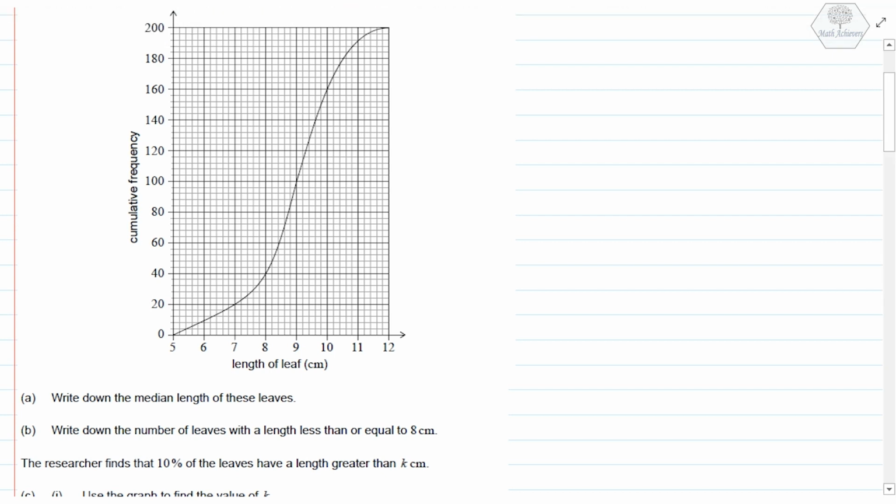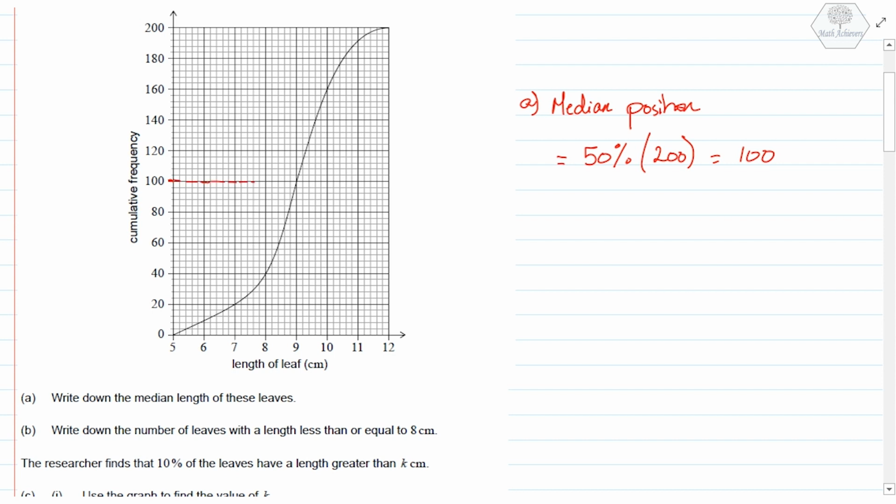Now, for part A, my median position is simply equal to 50% because it's half times the total of my data, which is 200. 50% times 200 gives me 100. So I go to my cumulative frequency curve. Here is the 100.